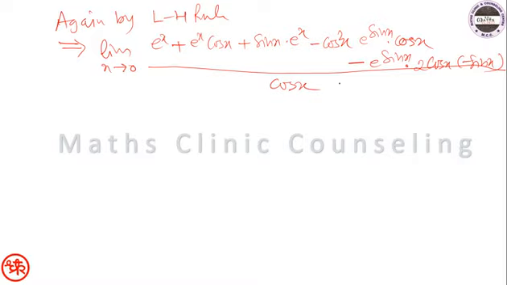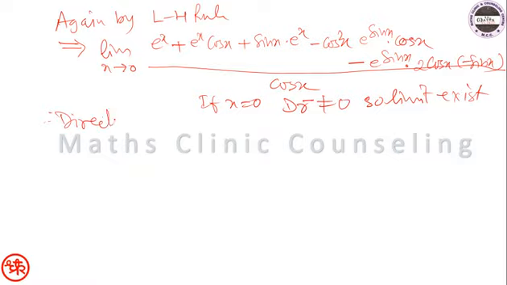Is that clear? Now we check what is the condition. Now let us check here, if x is equal to 0, the denominator is not equal to 0, and so the limit exists. So we can therefore directly apply the limit. Is that clear?